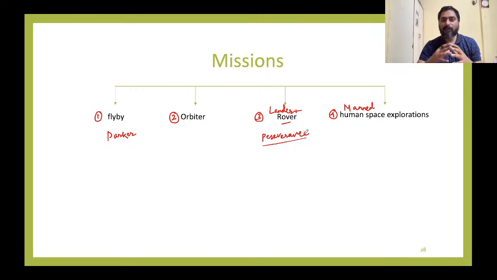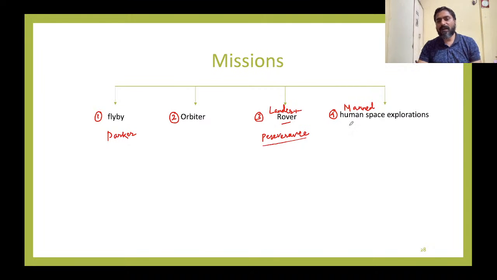The famous Apollo 11 mission was sent in 1969. The Apollo missions started in 1968 and continued till 1972. Twelve astronauts have walked on the surface of the Moon, and after that there was a lull, a stop. These manned missions stopped. Now the new manned mission, the Artemis mission, is starting.